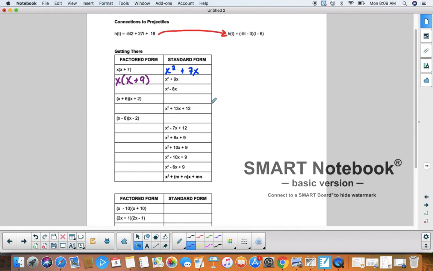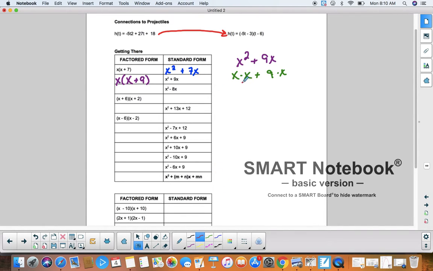So I'm really looking for what two things were being multiplied to get my final answer. So if I break this down, I had x squared plus 9x. I want to look for what these two terms have in common. So this term is x times x, and this term is 9 times x. What is the common factor in each of those terms?